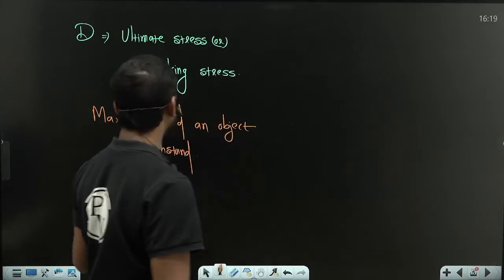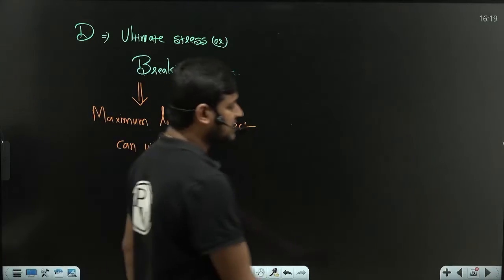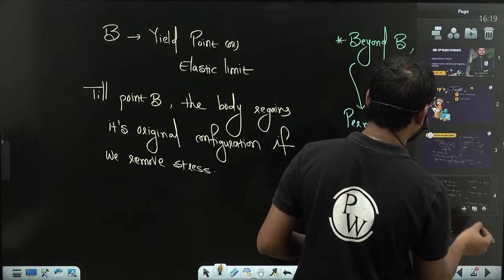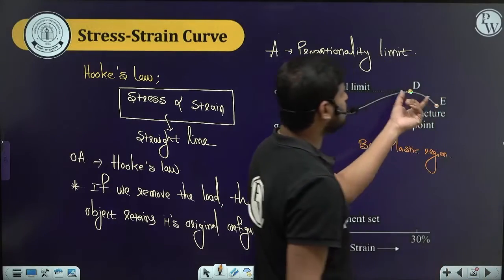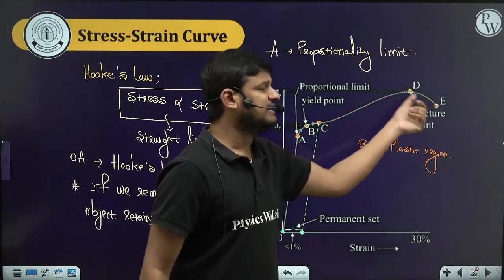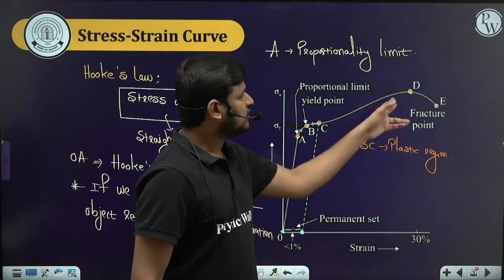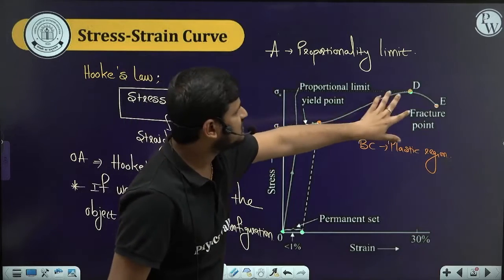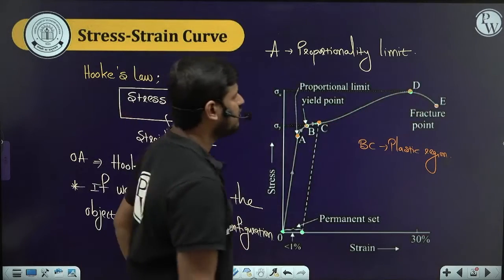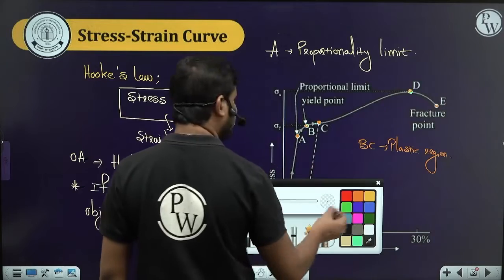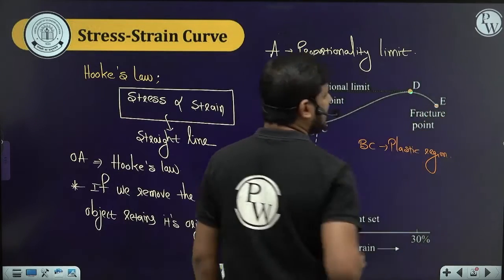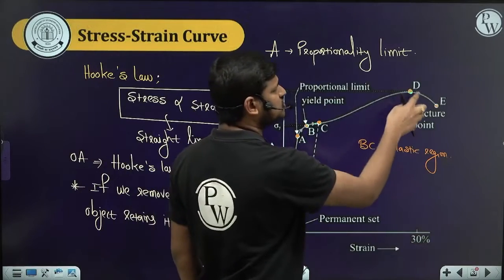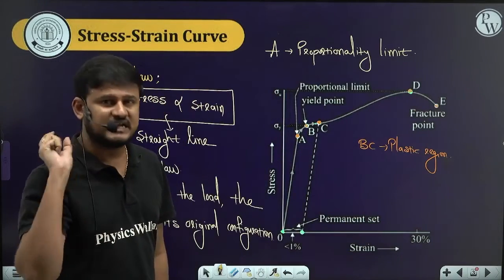Clear? Understood this point? One more thing you should understand: if these 2 points, D and E, are far apart, then the body is said to be more ductile in nature. If they are very close, then the body is said to be brittle in nature.